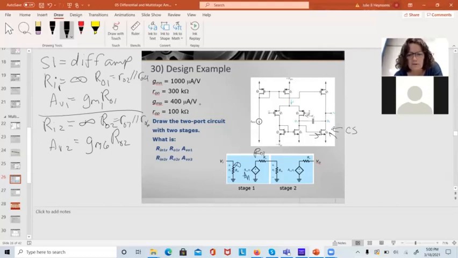My input resistance to the next stage is infinity. The gain of this one is AV2. And the output resistance there is RO2. Given these numbers right here, we could do calculations for all of those, fairly simply. But if you can map from this down to this model, you're doing pretty good.